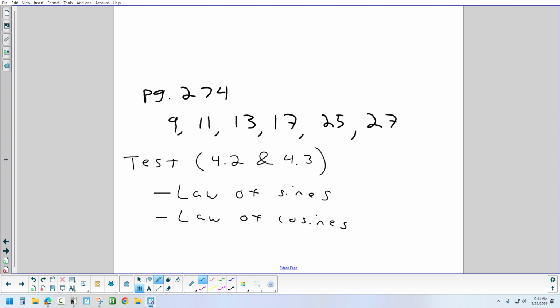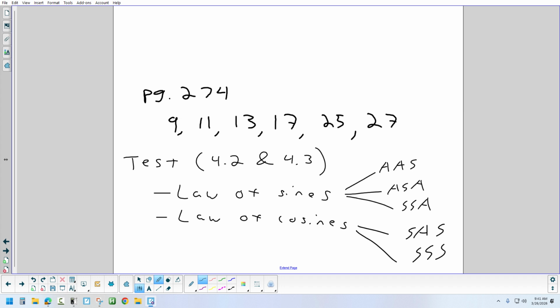Every type we learned: angle, angle, side; angle, side, angle; side, side, angle; side, angle, side; and side, side, side. So there are 5 different types. The test will probably be 6 questions, so you'll see one of these types twice. Each type would have 3 answers, so roughly 18 different answers.